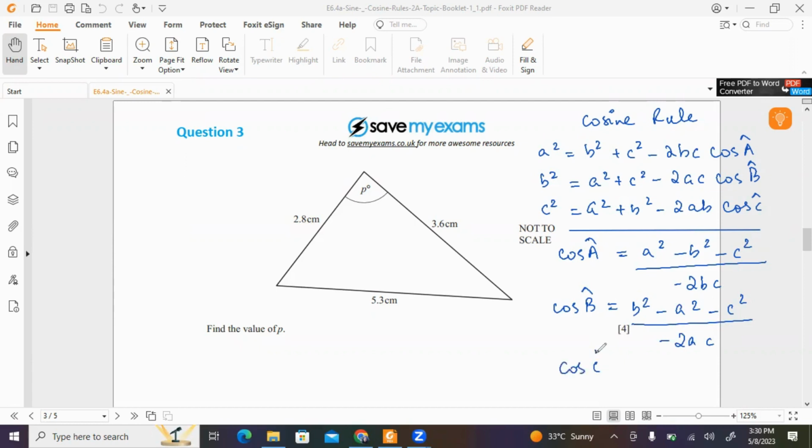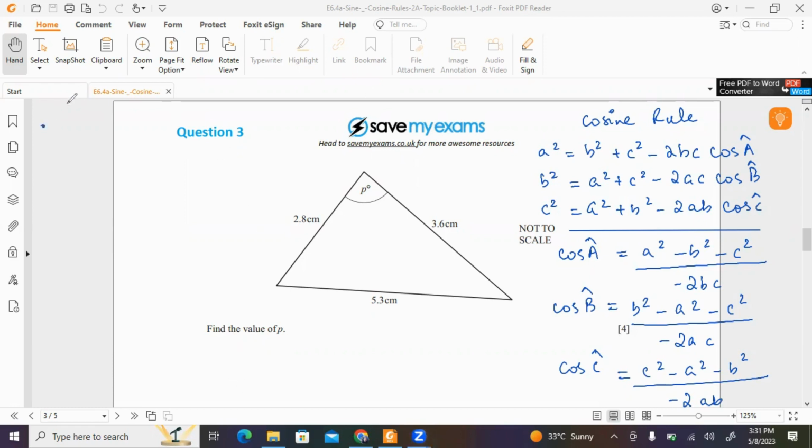And if we're trying to find angle C, it's going to be c squared minus a squared minus b squared over negative 2ab. Now you don't need to remember all of these, you can just remember the first one, and just change the variables depending on what the unknown is. You'd be good if you know the first one.